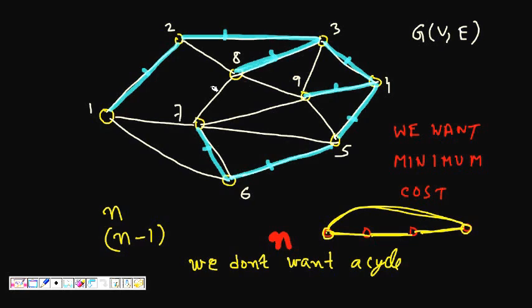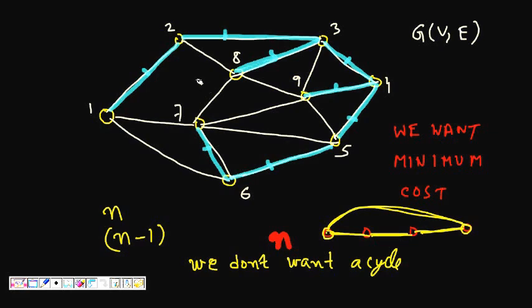If you choose any 2 cities, let's say 7 and 3, I can go from 7 to 6, 6 to 5, 5 to 4 and 4 to 3. So now you understand that we have to connect all the cities, and we don't want a cycle here. And here all the edges were assumed to have the same weight.